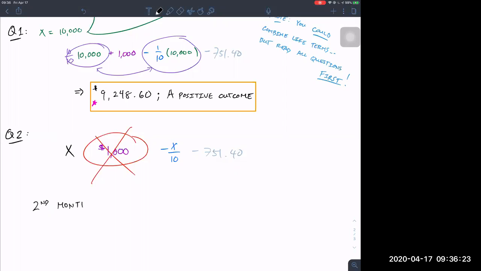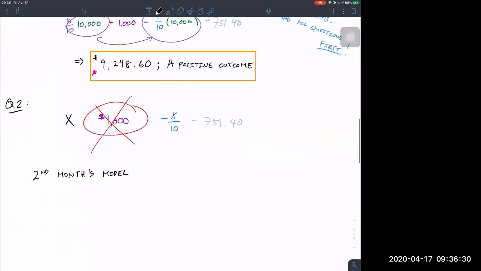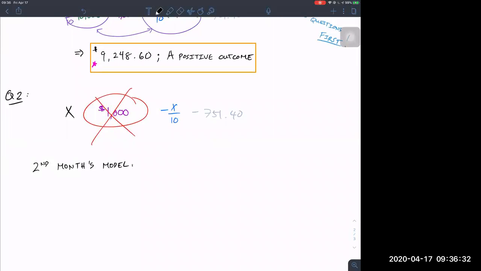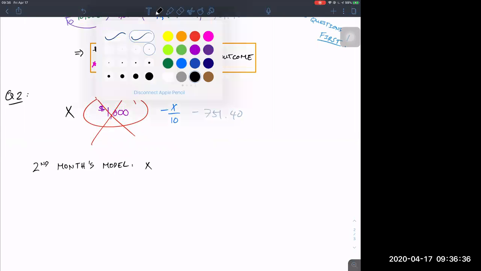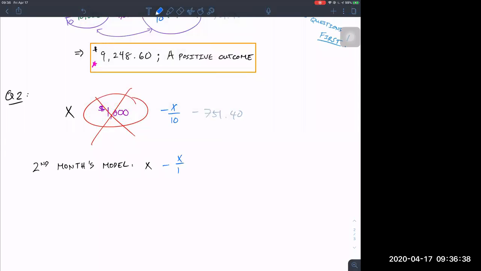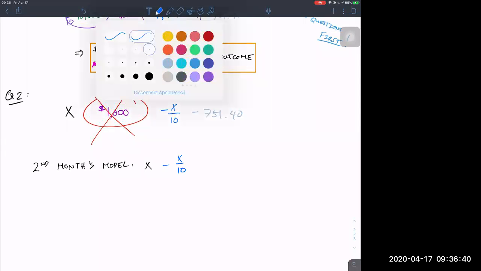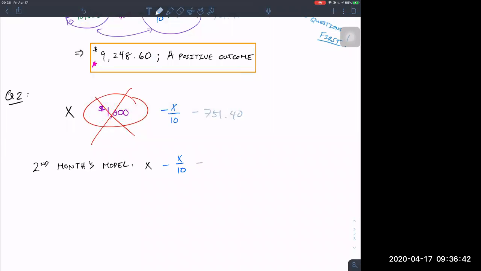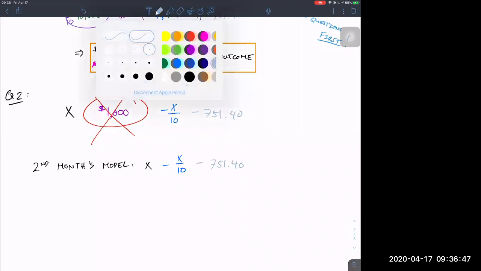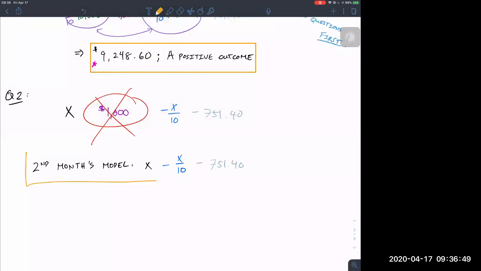I just mean your next transition. Your base model is always this base model up here. But what I mean by new base is that this is now what you're going to work off when you move to the third month. So minus x over 10 minus 751.40. So that's what I would be looking for as the proper answer.